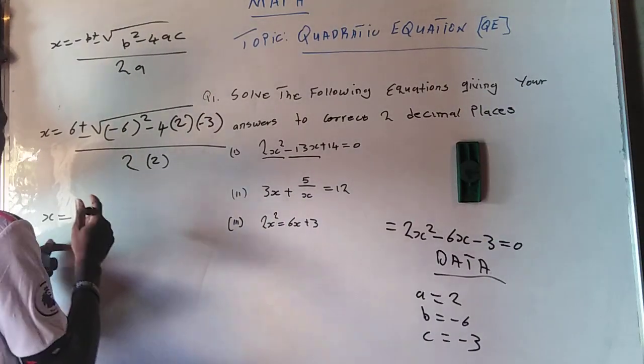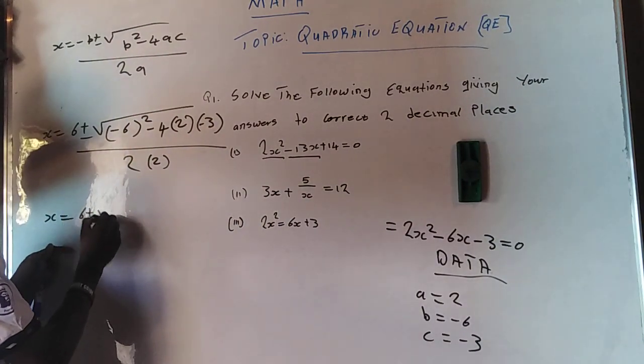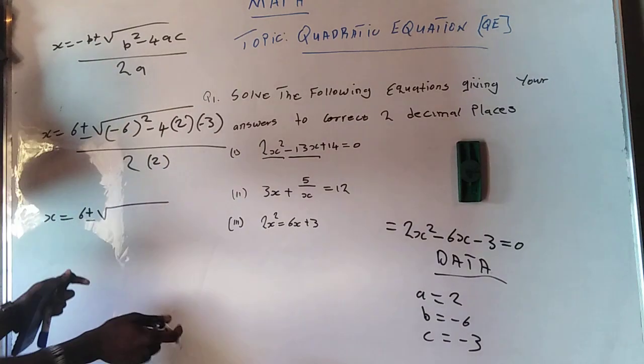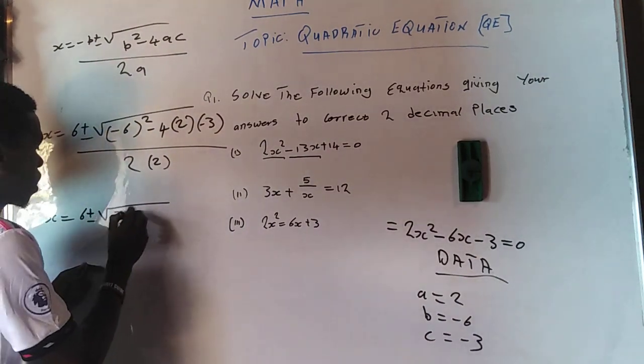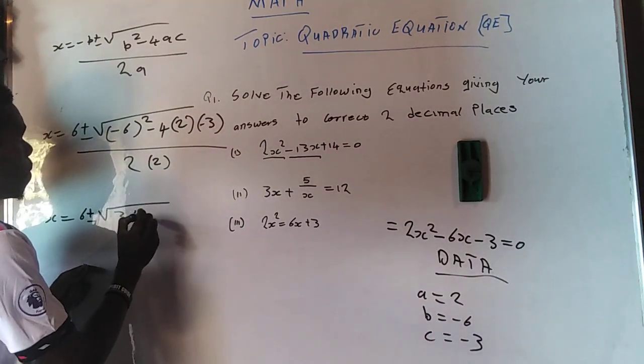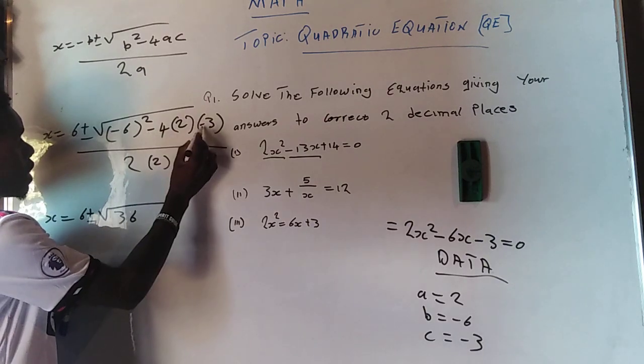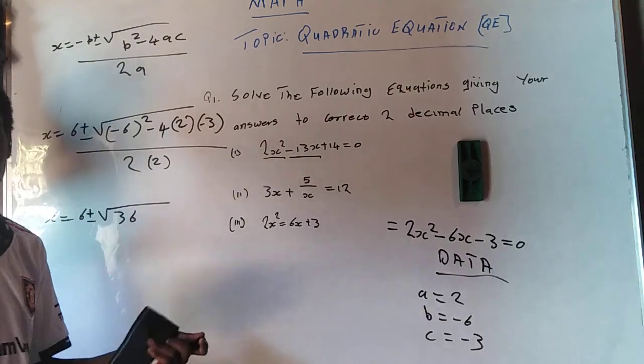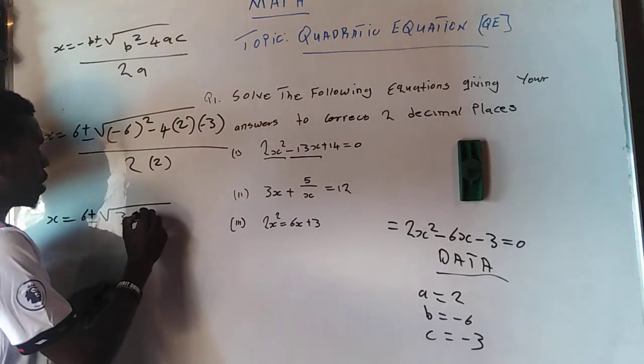So negative 6 squared, 6 times 6, which is 36. Negative times negative is a positive.